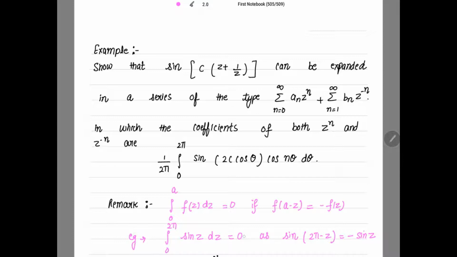This integration is 0 as, put a minus z instead of z. Here a is 2 pi. So I am putting sine of 2 pi minus z, which is equal to minus of sine z. That means negative of our original function, which was sine z, right? So whenever such a thing happens, we put that integration equal to 0, right?